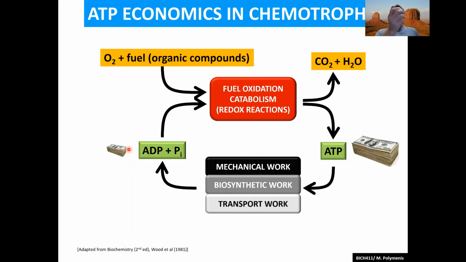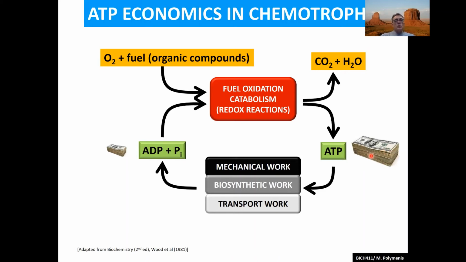So that's a general scheme. From the food you eat, or if you're a photosynthetic organism, you can break it down, and you make ATP in the end. And ATP is like money, and you have to spend it.